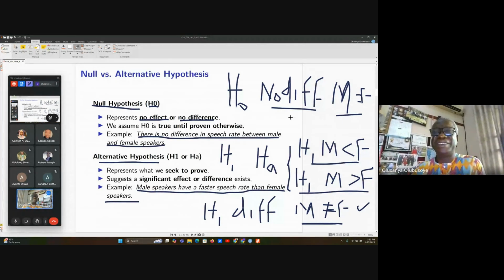Great. So the null hypothesis is the one that is saying no difference. The alternative is the one that is saying there is a difference. But the alternative can also go further to show the direction and say male is less than female or male is greater than female.